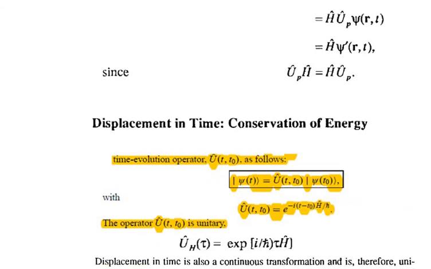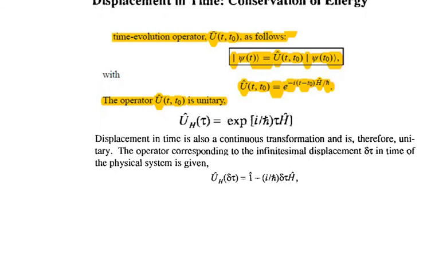The operator, we already defined that U is a linear unitary operator. Therefore, we can reduce this as U of tau equal to e power minus i by h cross tau H. Displacement in time is also a continuous transformation and is therefore unitary.